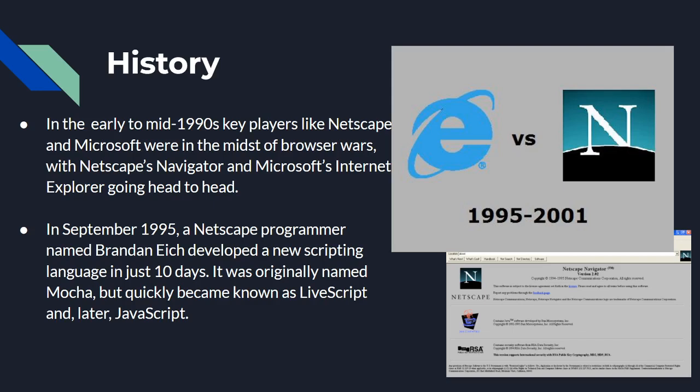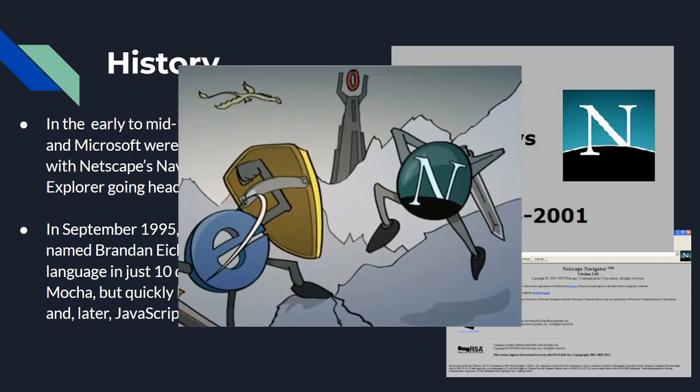It was originally called Mocha because I guess his favorite drink was mocha, probably heavy on the coffee side. But it became known as LiveScript, and then eventually it became JavaScript. This was back in the old days, the days of yore, when it was wild. Browsers were browsers.